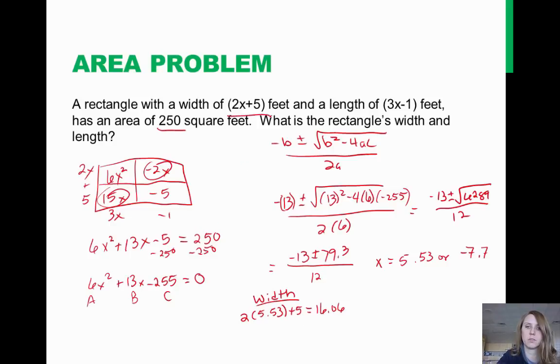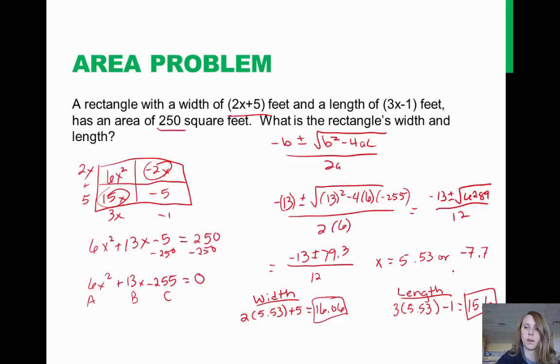That's the first one. And our length will be 3 times 5.53 minus 1, and that ends up being 15.6.